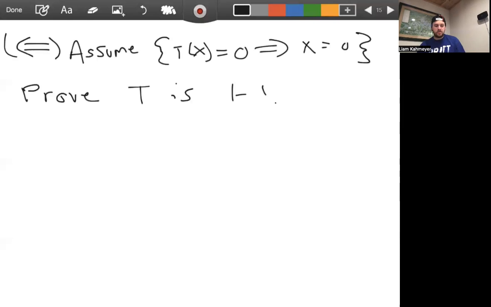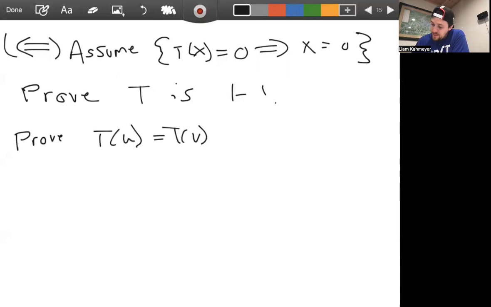So how do we do that? Well, let's use this assumption. To prove that t is 1-to-1, what does that mean, right? This means we need to prove that t of u equals t of v implies u equals v. This is the same statement.